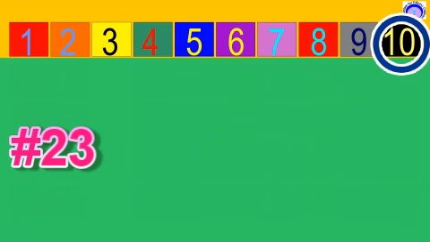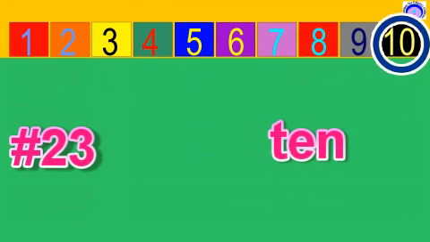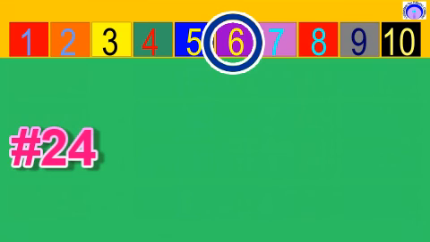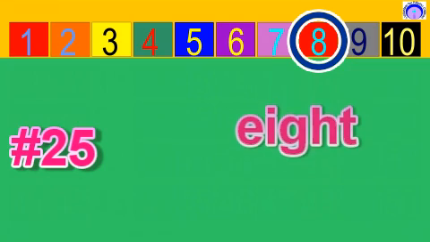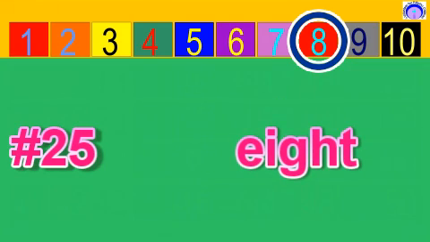What number is this? 10. Question number 24. What number is this? 6. Question number 25. What number is this? 8.